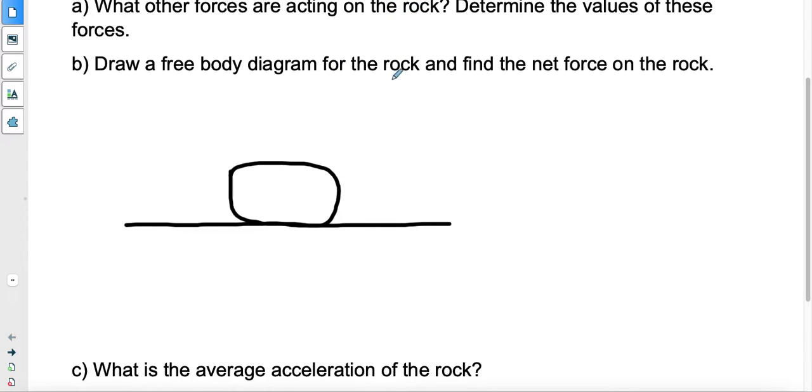From the problem, we know there's going to be a force of friction acting in the backwards direction, and we know the force of friction is 9.2 newtons. If we assume that the forward direction is positive, then the backwards direction will be negative here. So I'm going to put a negative sign in front.